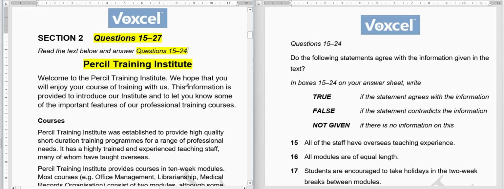As I have told you many times in the previous videos also, for your GT section 1 and section 2, they are usually divided into two. Sometimes section 1 is divided into three paragraphs. So obviously you will have two sets of questions. So first is 15 to 24. Let's see what kind of questions they are. Here it is 15 to 24. So we have to solve true, false or not given for these questions.